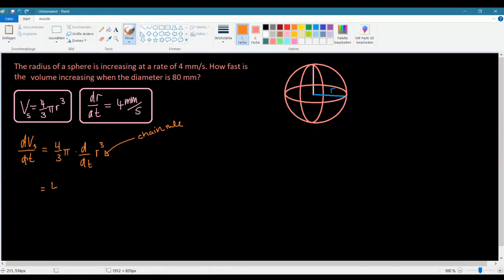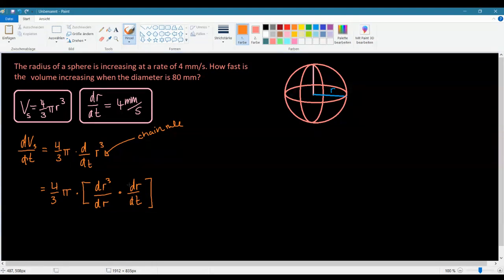So we're going to do 4 over 3 pi times the change in r cubed over the change in r times the change in r over the change in time. So that's the outer function, which would be t cubed, right? And r cubed, and then the inner function, which is r.